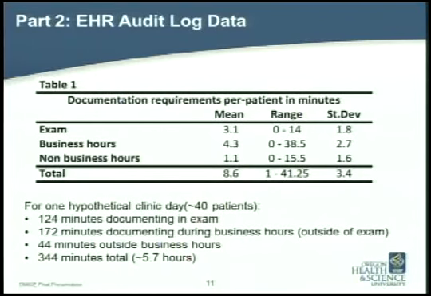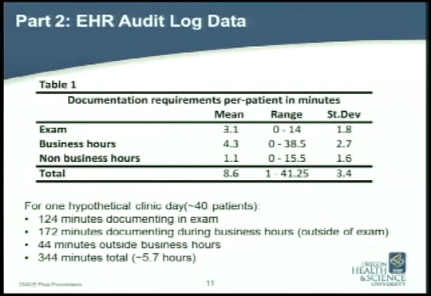While these numbers might not mean much standing alone, if we think about one hypothetical clinic day, which we can say is about 40 patients on average, this results in 124 minutes documenting in exam, 172 minutes documenting outside of the exam but still in business hours, and then another 44 minutes outside of business hours, for a total of 344 minutes, or almost 6 hours of documenting per 1 day of clinics.